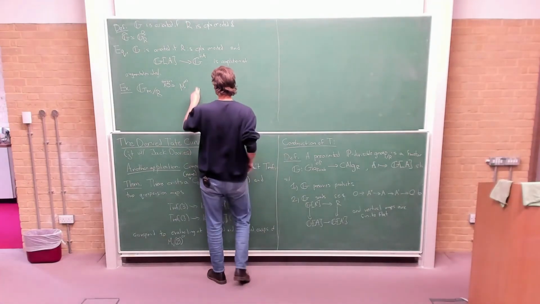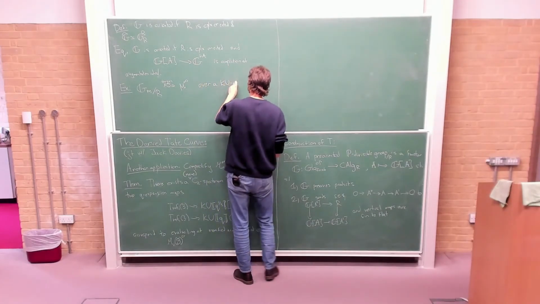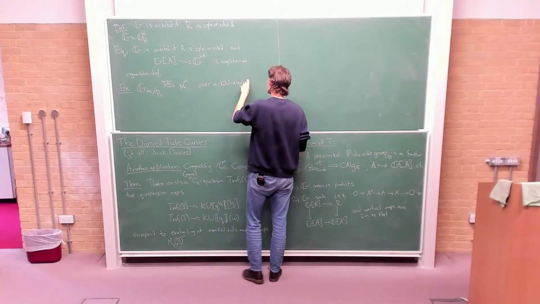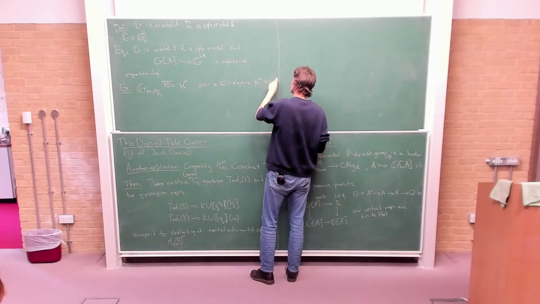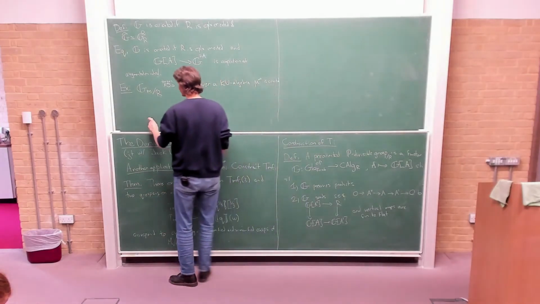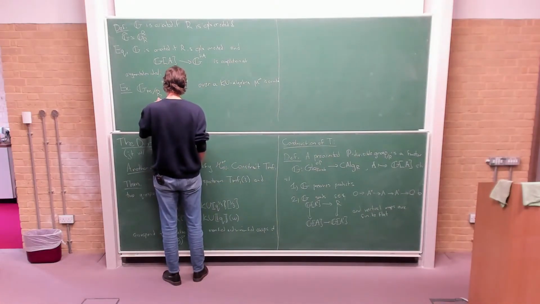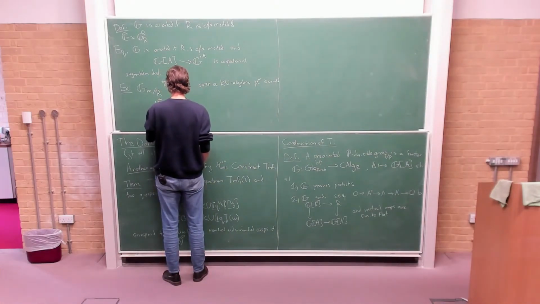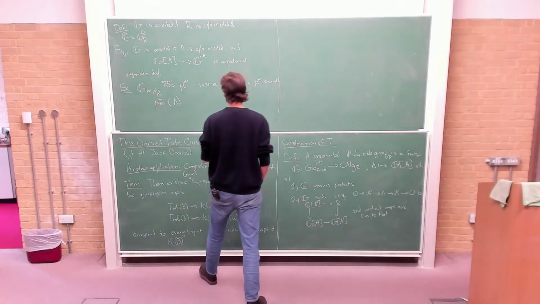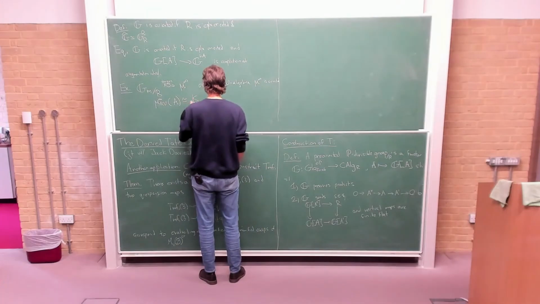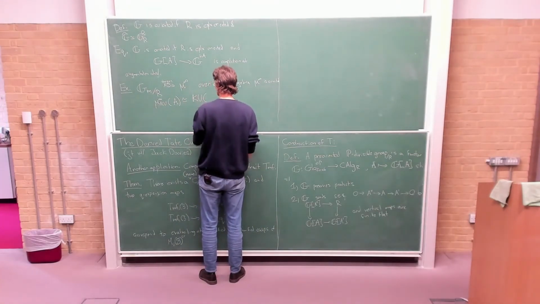In fact, take this over KU, and evaluate it on some finite abelian group, and you precisely get the usual complex equivariant K-theory.